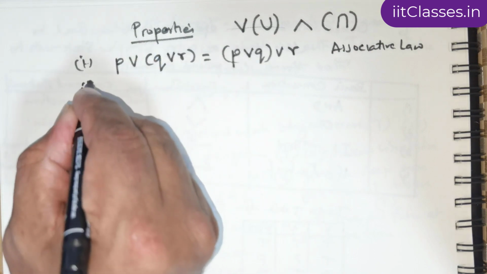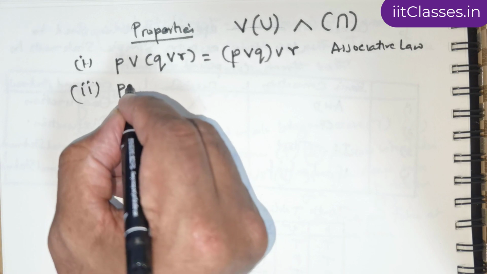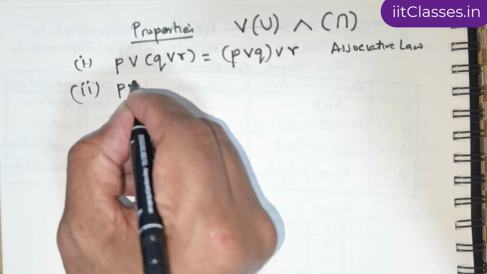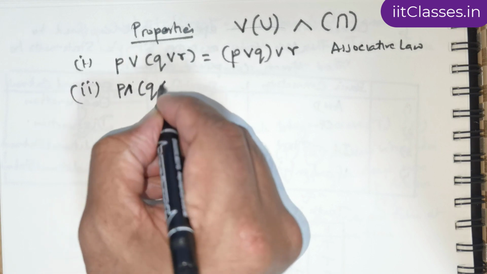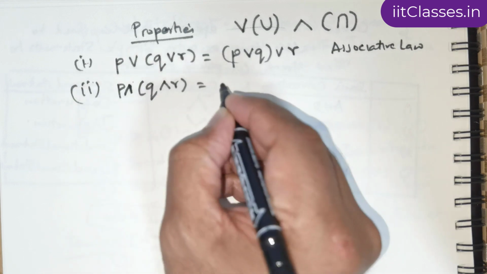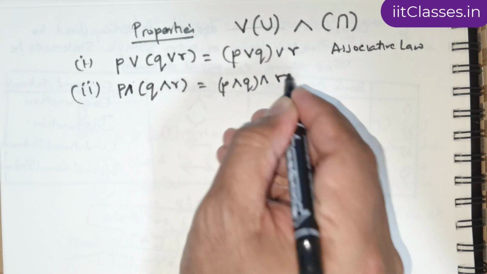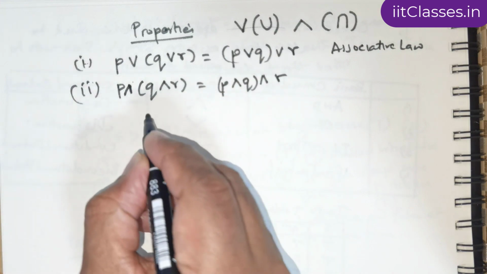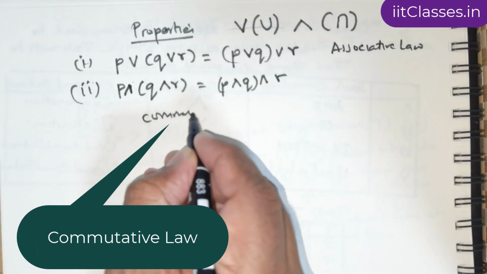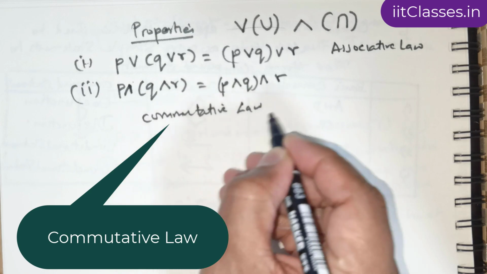If I were to give this for conjunction, it is as follows: P conjunction of Q conjunction R is same as P conjunction Q, conjunction R. The next law is the commutative law, or commutative property.